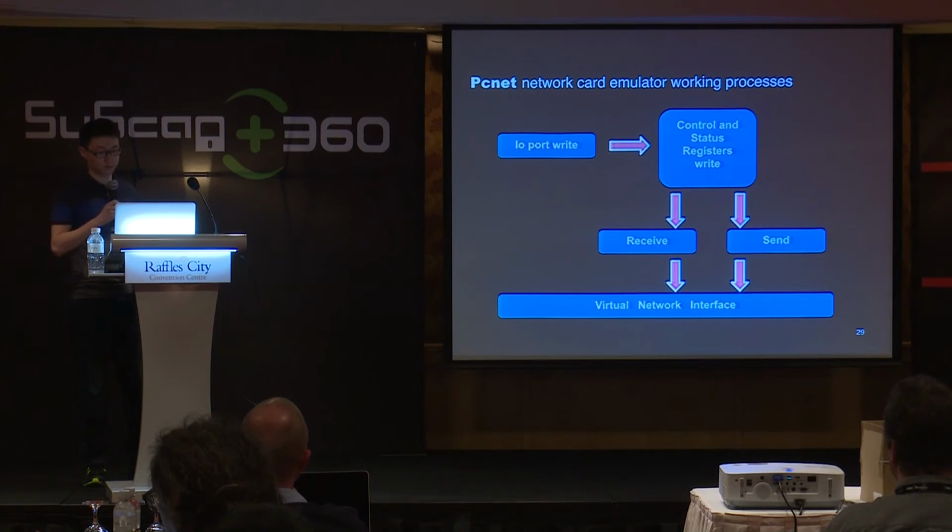The internal process flow of PCNet is shown in this figure. By means of writing I/O ports, the PCNet component captures the operation of writing control and status registers. Then it will get into the function we wrote for dealing with the data transfer.